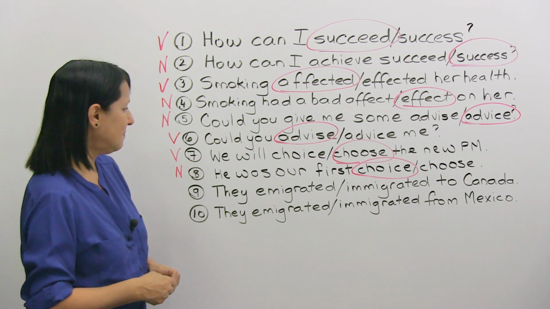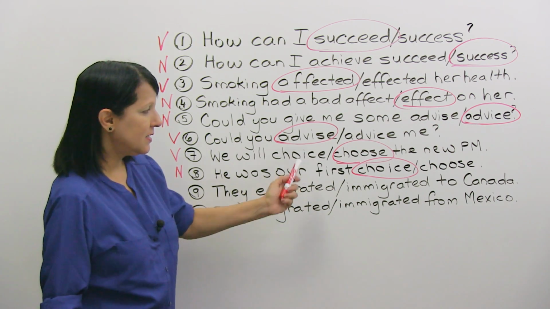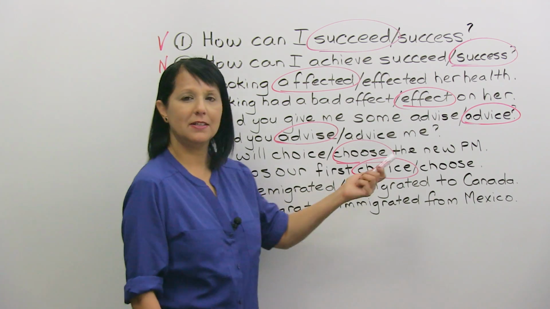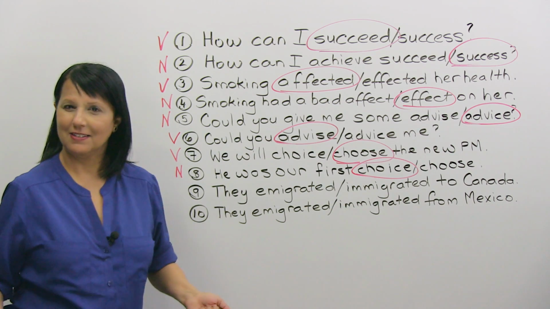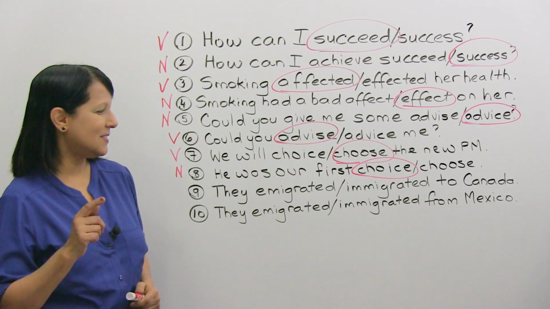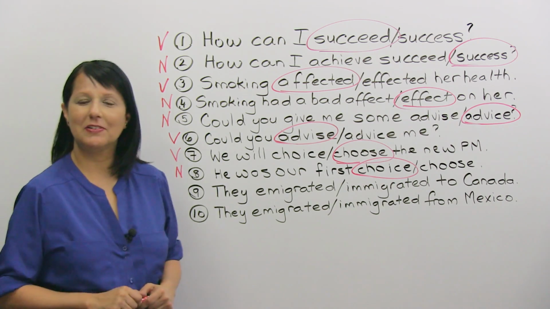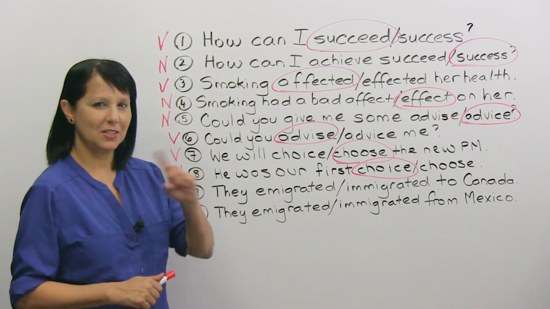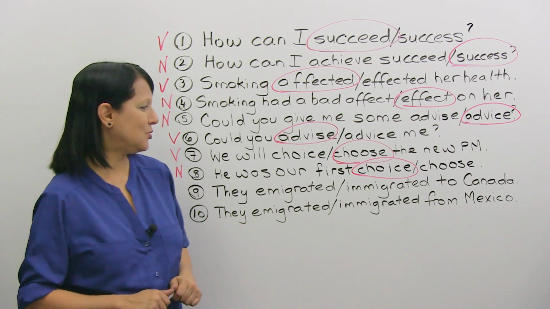And the last one, they emigrated to Canada or they immigrated to Canada. Which one is it? This one is confused a lot. And actually, one of our other engVid teachers, Emma, has done a great lesson on this one. So if you're confused, I'm going to tell you where you can find her lesson too.